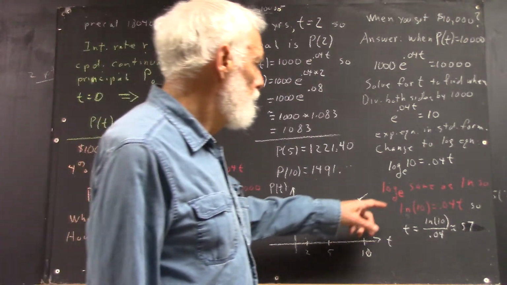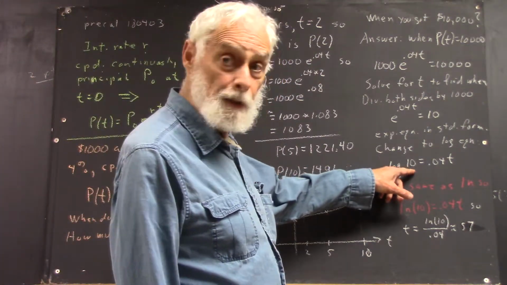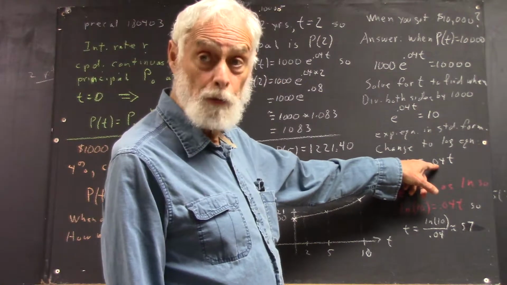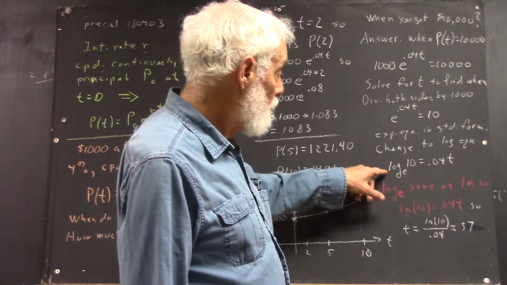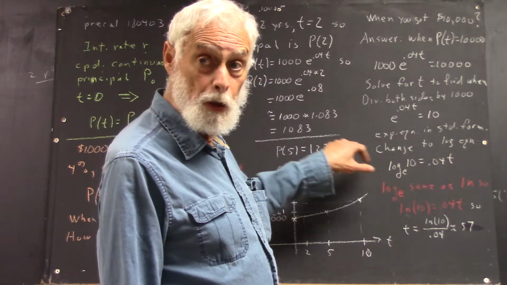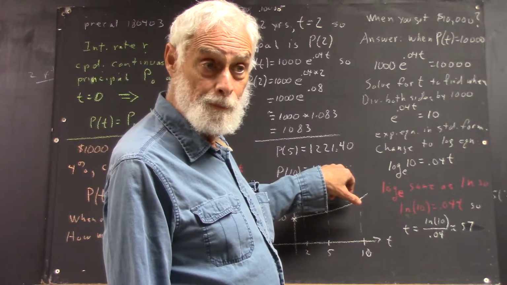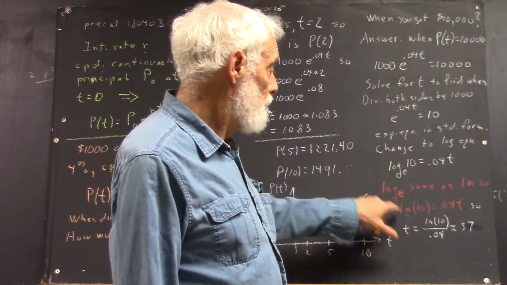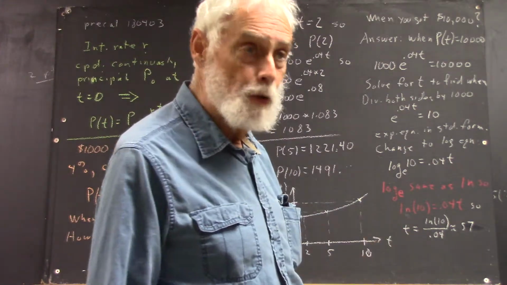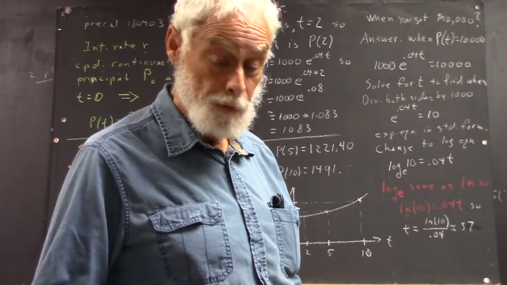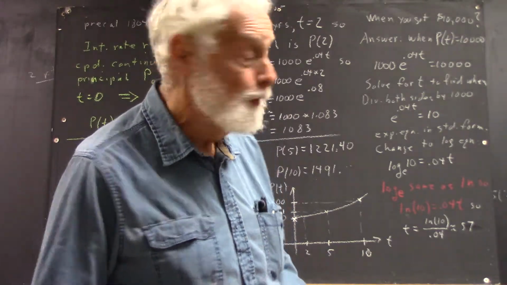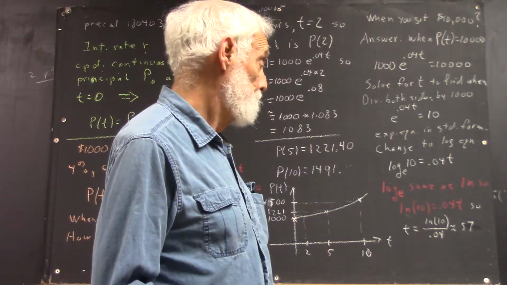You're going to do log base e of 10 divided by 0.04. Now, log base e of 10 you could do as log 10 over log e, but when you have e, go to the natural log. Do it both ways and convince yourself. You'd get the same thing if you used an accurate value of e.